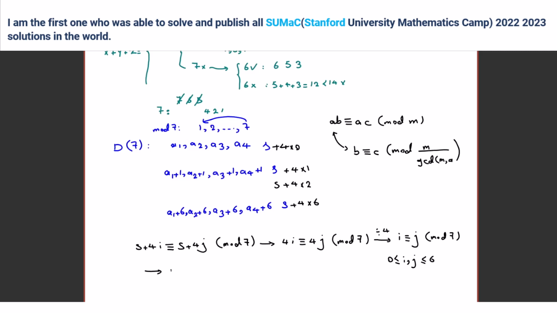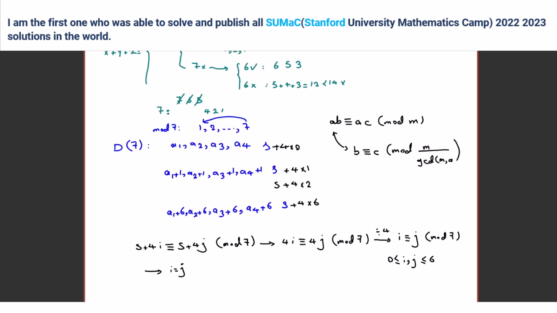So when are they equal mod 7? They are not equal, because they have different remainders mod 7. So none of these are the same. These 7 numbers are different. Agreed. So exactly one of them is a multiple of 7, right?